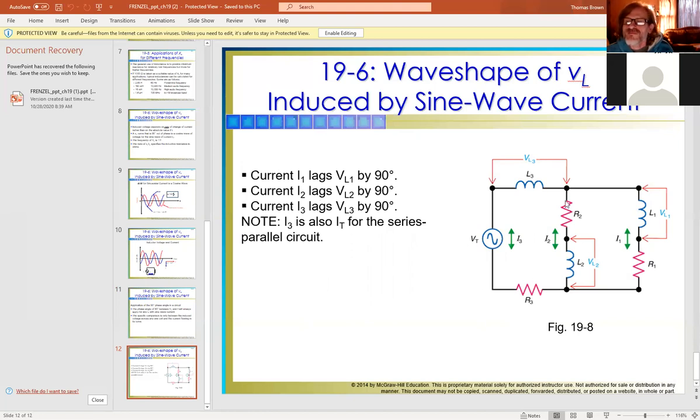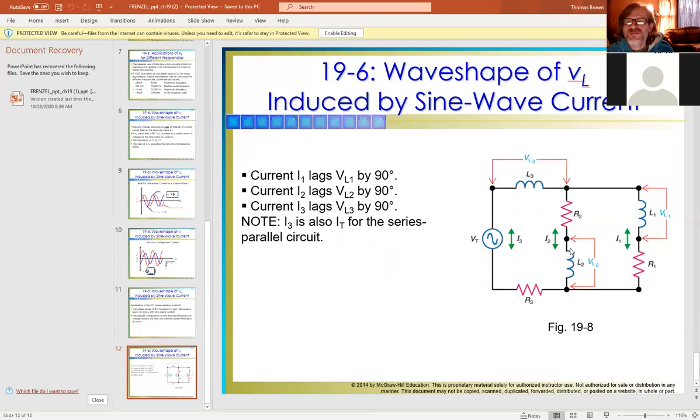So here we go with a mixed circuit, and we have quite a bit going on here. We have a series parallel mix of resistors and inductors. Let's take a look at what goes on here. Right here where I1 is, current I1 is lagging, and here we've got BL1, right? So we're establishing a voltage across this particular inductor here, and by 90 degrees. Now we go to the next leg and we see I2, right?